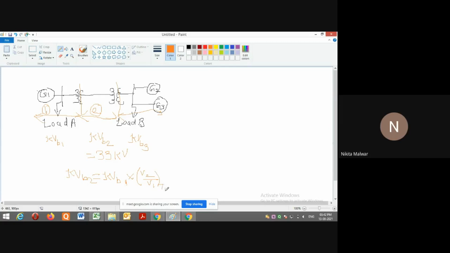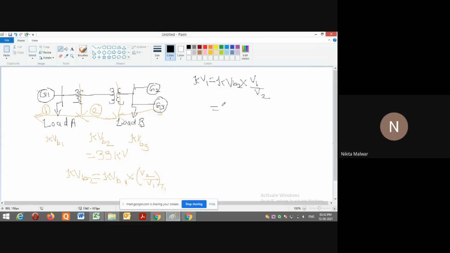So keep it in mind that your kV base 2 is in between section 1 and section 3. So we will have to find out first kV base 1. So this kV base 1 will be equals to this kV base 2 multiplied by V1 by V2 of transformer 1.